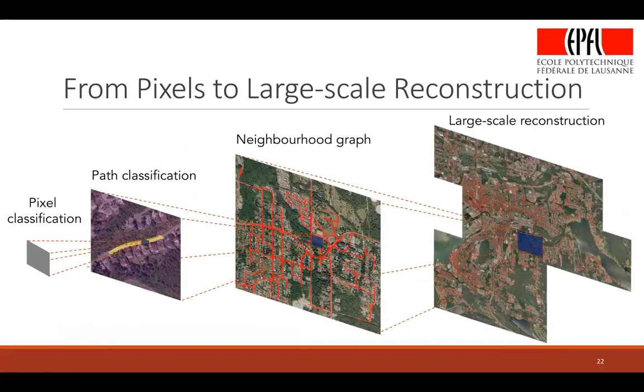This way we can build a graph of some larger neighborhood consisting of many different paths. And finally, if we repeat this procedure for different regions, we can obtain a large-scale reconstruction. For example, in this case, we have road networks in some city, or it can also be neurons in some part of the rat brain.